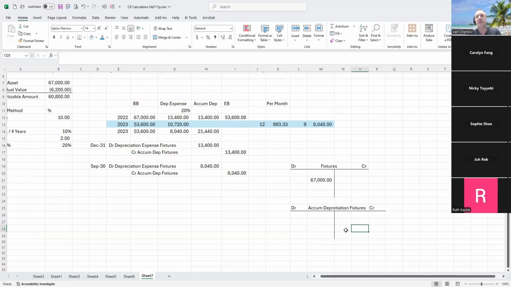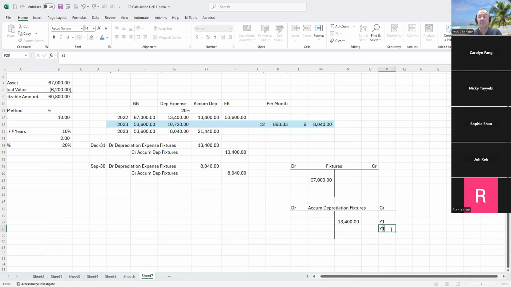Now, what's interesting with the accumulated depreciation is that since it's a contra account to the fixtures, it's going to have the opposite balance. So what do we have so far for the accumulated depreciation? First, we have the depreciation for year one, which is equal to 13,400. And then for year two, which is a partial year, only to September, but we still have it, that's 8,400. So now what we're chasing is the balance here.